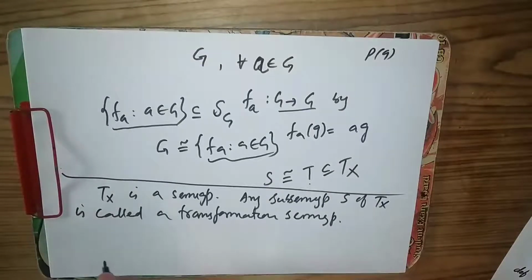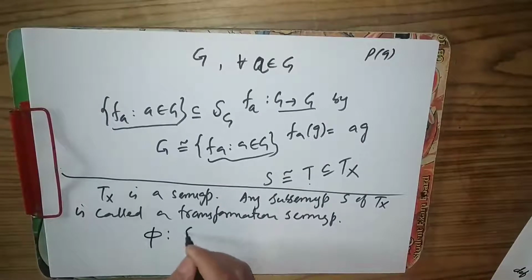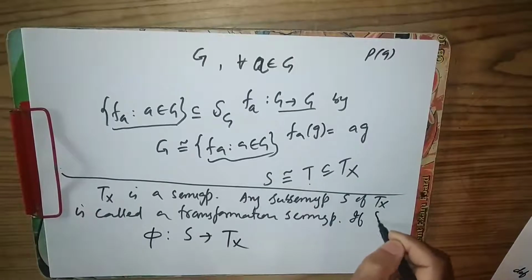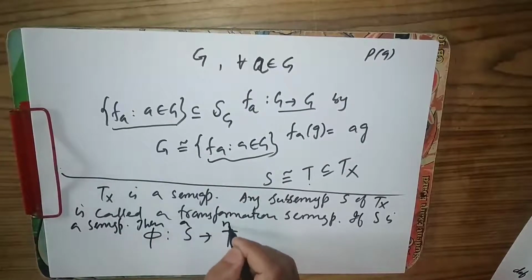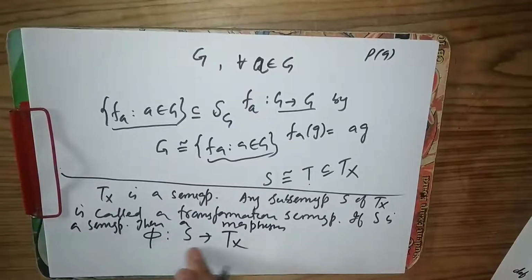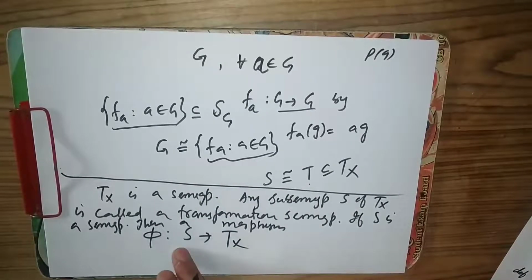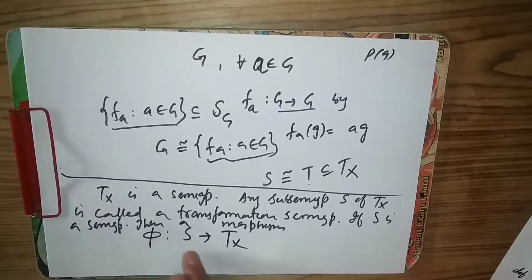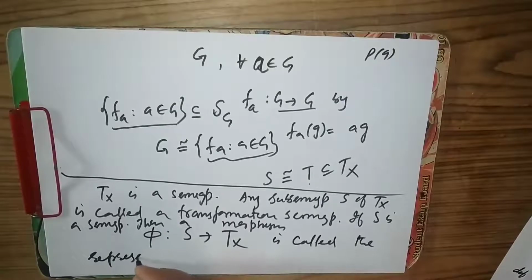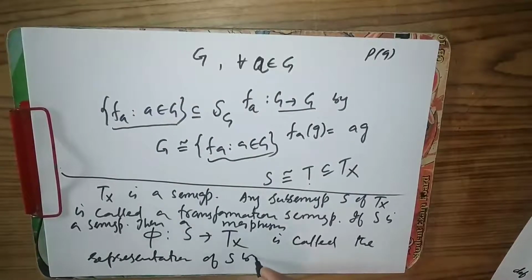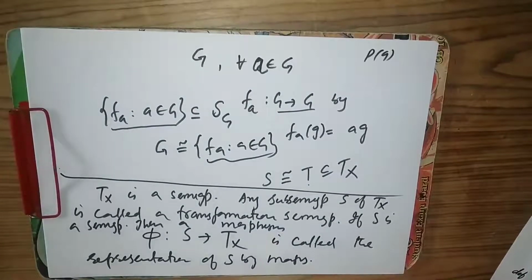And if S is a semigroup, then a morphism phi from S to T_X is called the representation of S by maps.